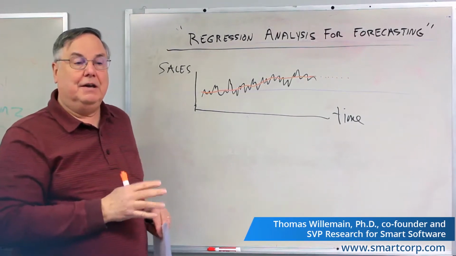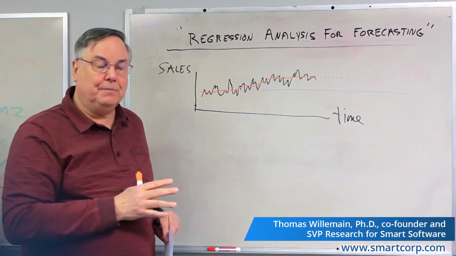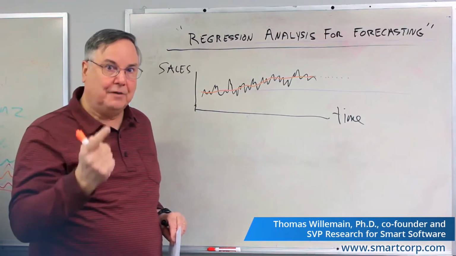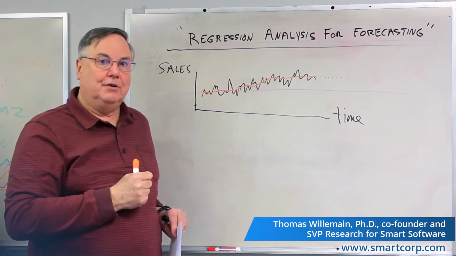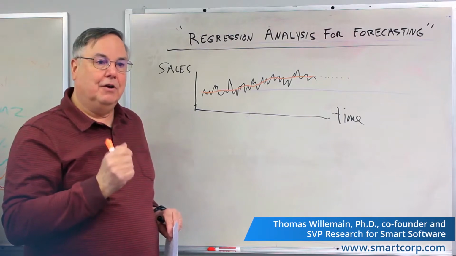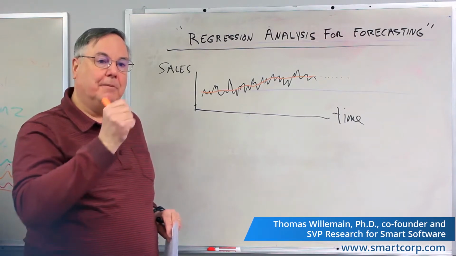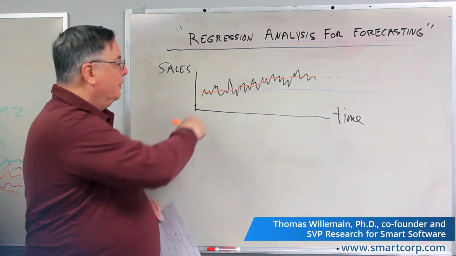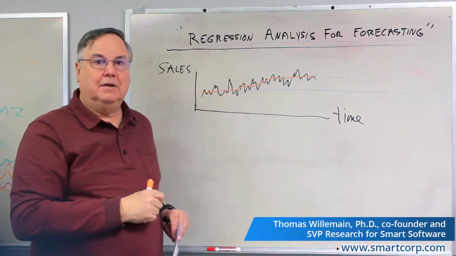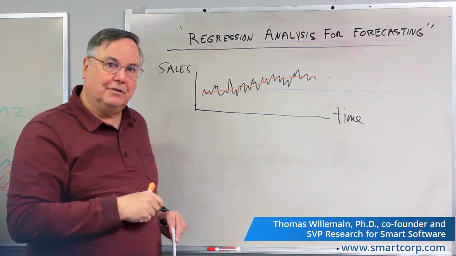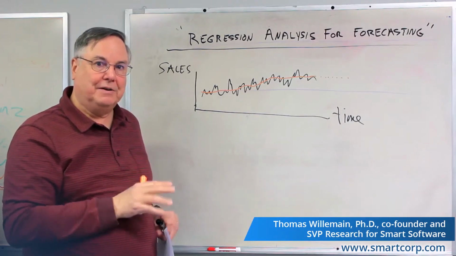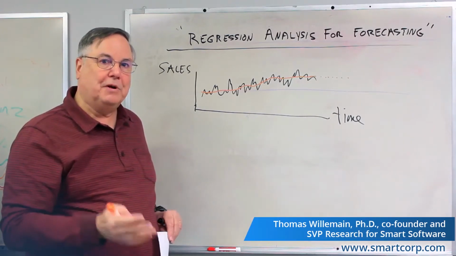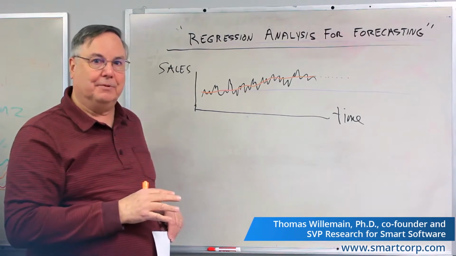And the key step is to be able to use your substantive knowledge of your problem to nominate for consideration some extra variable, an additional variable that would explain some of that zigging and zagging, some of the randomness. So it's not really random. It's explainable if you bring more information into the problem.